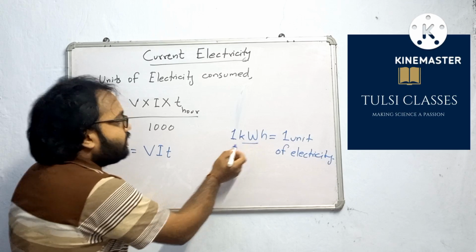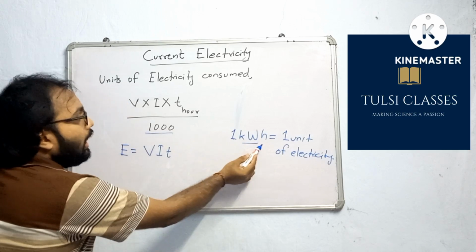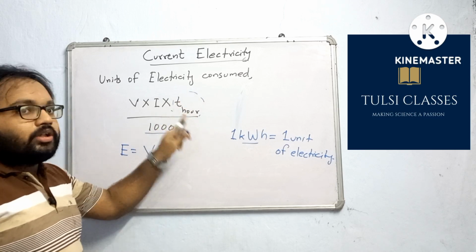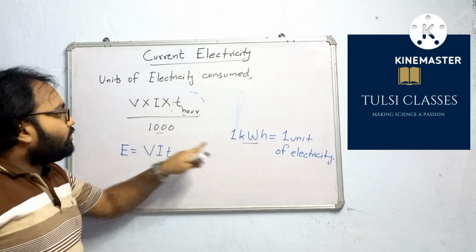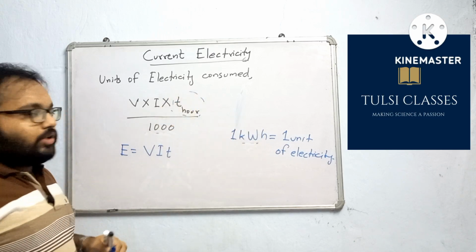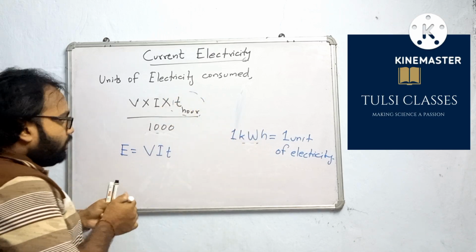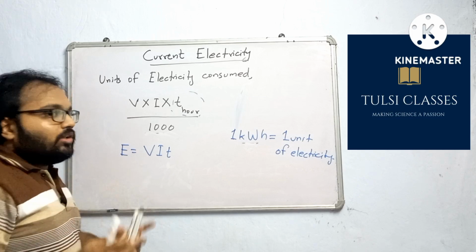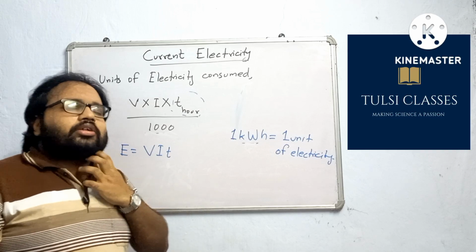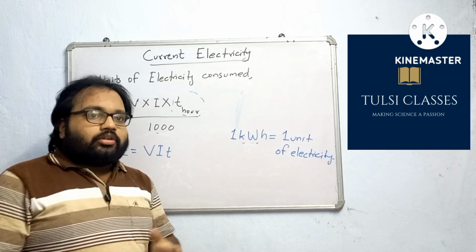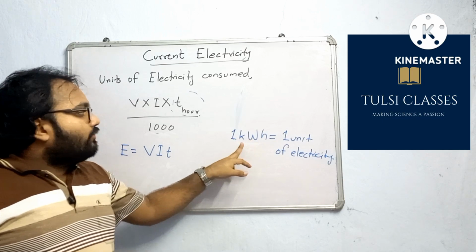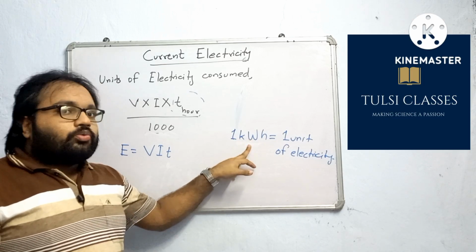Kilowatt is there, that's why we are dividing by 1000. Hour is there, that's why we have used hour in the formula. Time must be converted to hour and divided by 1000. That's why we have done this. Okay, 1 kilowatt hour. Suppose a heater, in college we must be using an electric kettle to make Maggie and all that. Suppose its power rating is 1 kilowatt, 1000 watt.